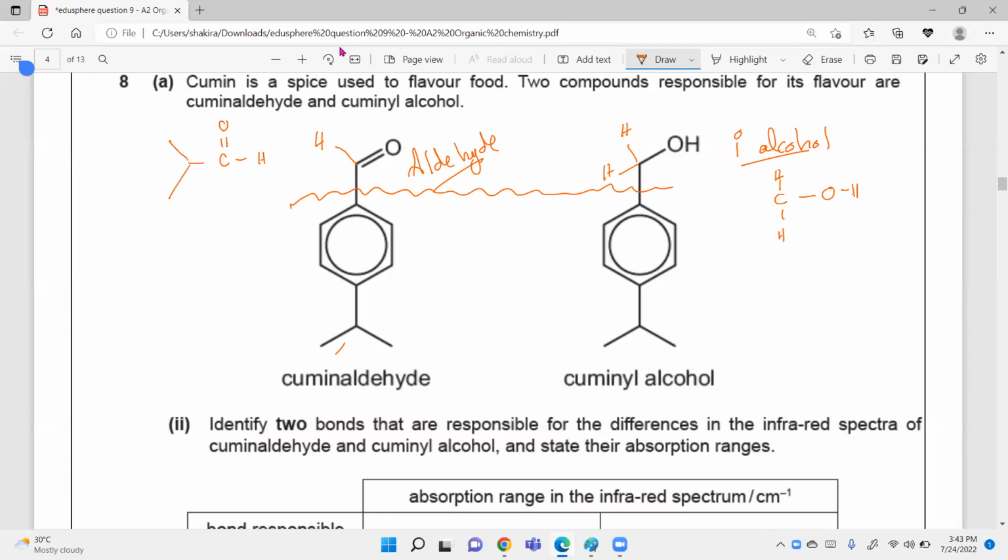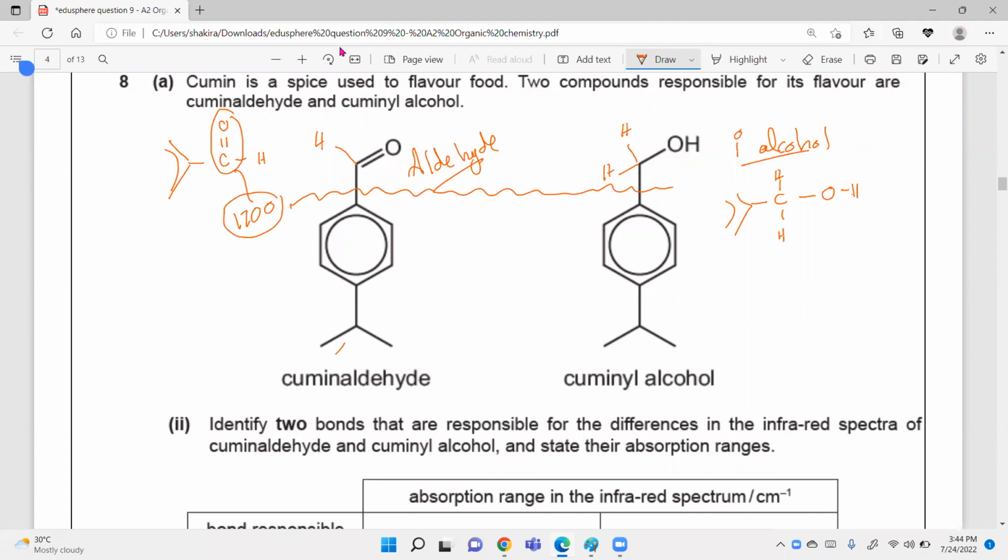So if you want to talk about a difference, we have to see what is the difference. Cinnamaldehyde has carbon, double bond oxygen. I think this is going to give you a value around 1700, maybe 1740, around 1700. I just remember that.